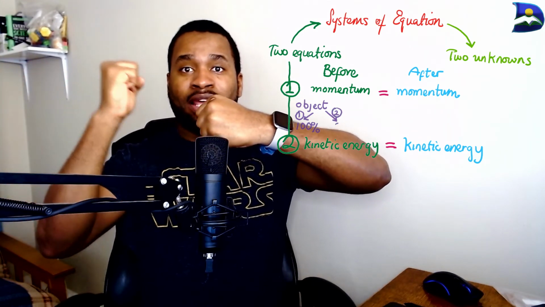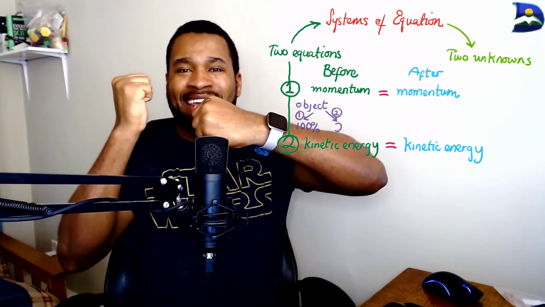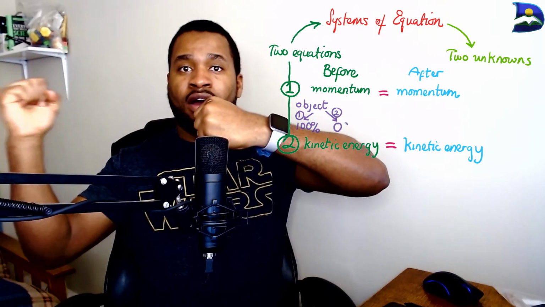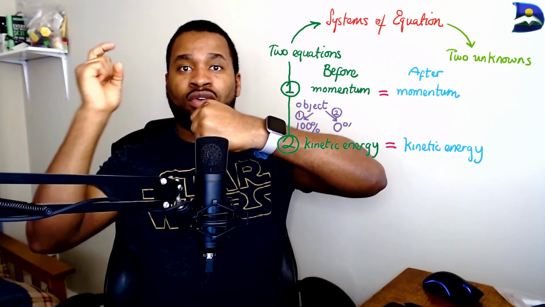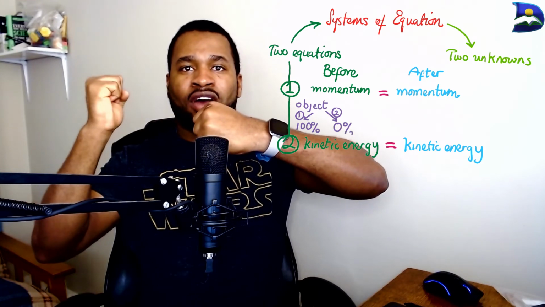However, this body obtains this object's kinetic energy fully, which means the velocity of this object will be equal to the initial velocity of the first object.